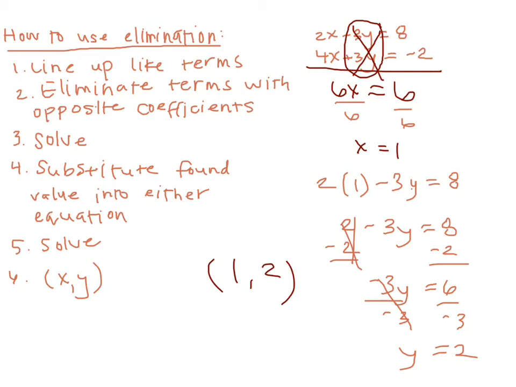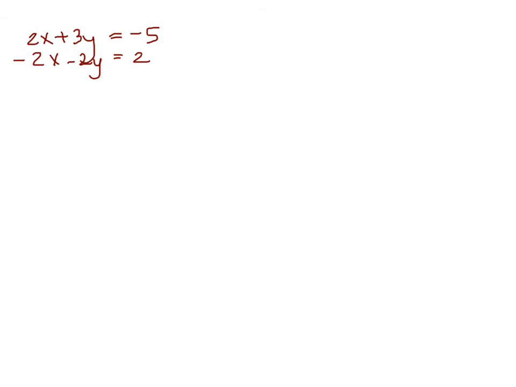Let's quickly go through a couple more examples. So my system is 2x plus 3y equals negative 5, and negative 2x minus 2y equals 2. I need to line up my terms, make sure my x terms are lined up, my y terms are lined up, and my constants are lined up. Next, I need to eliminate terms with the opposite coefficient.